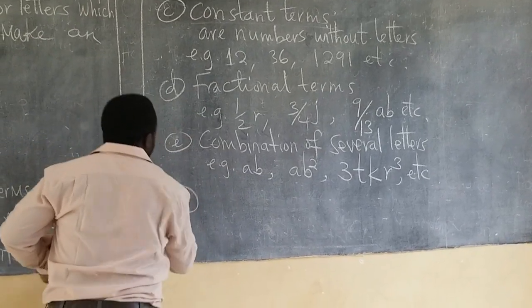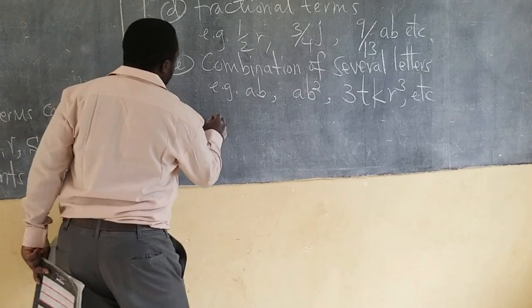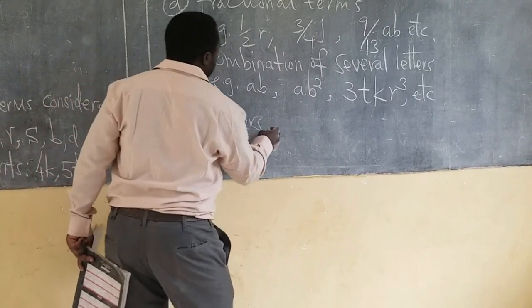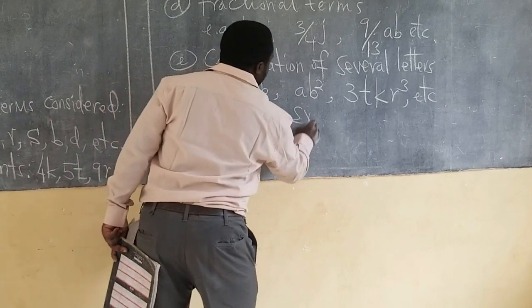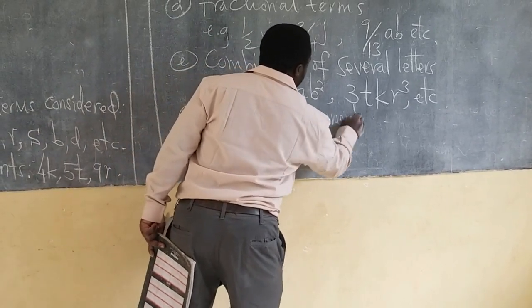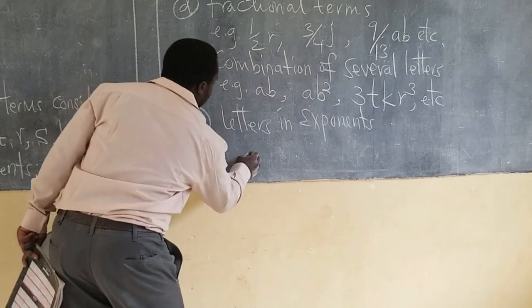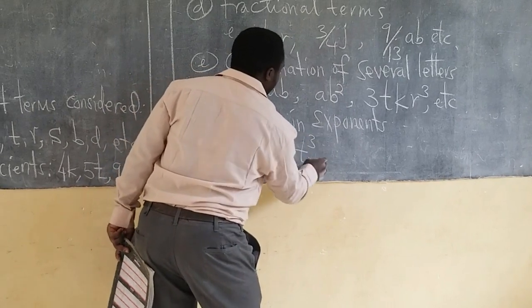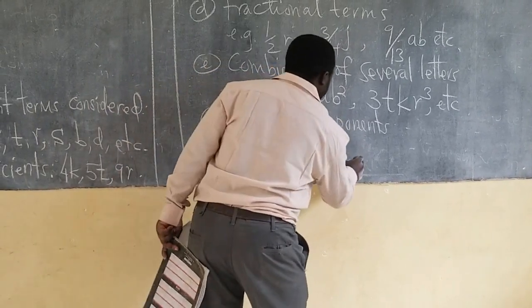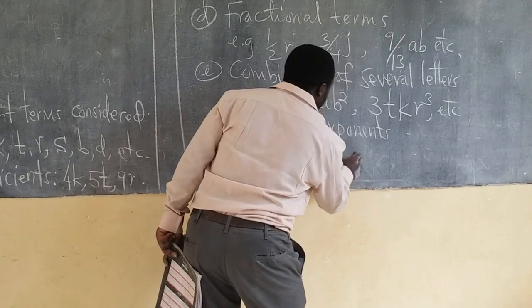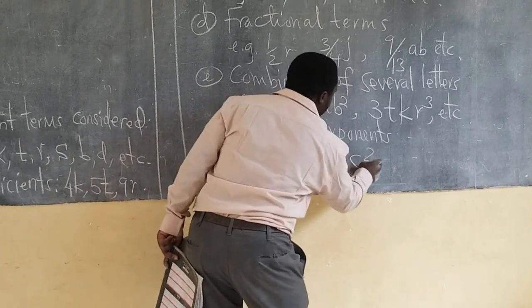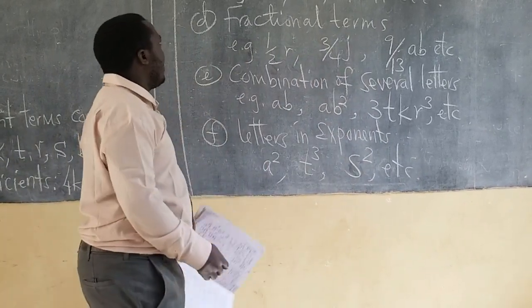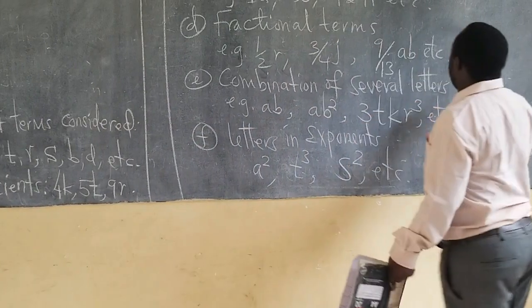But also, we have letters with exponents. a squared, t cubed, s squared, etc. These are examples of terms.